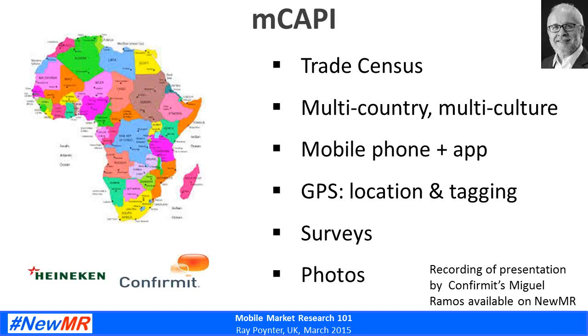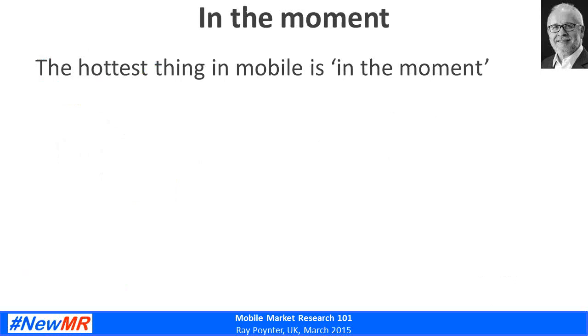They knew where their interviewers went. The interviewers then had surveys, they had tasks, they collected pictures, and they created this brilliant trade census of beer selling in Africa. So we can see MCAPI being used in developing markets, medium markets, mature markets. It's changing the nature of what's going on.